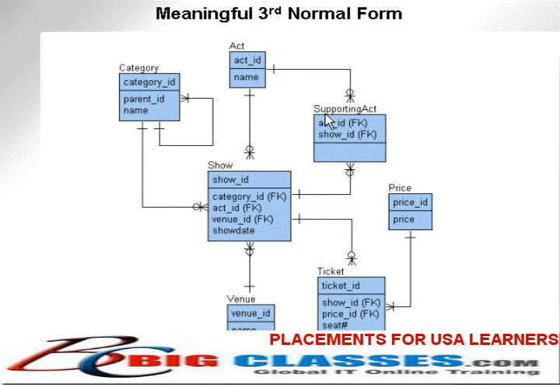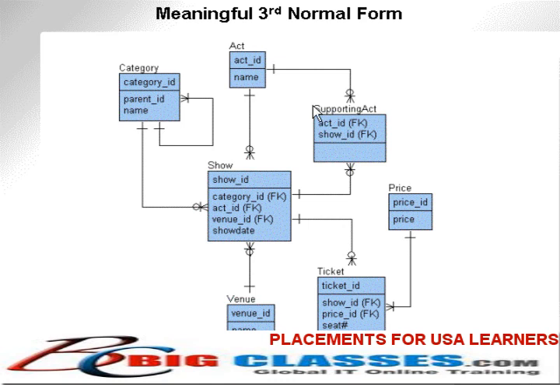A supporting act is also an act. Therefore, the relationship between the act entity and the show entity is actually one-to-many or many-to-many. The many-to-many relationship between the act and the show entities can be resolved into a single entity called supporting act. It is meaningful. It has a name which makes sense.